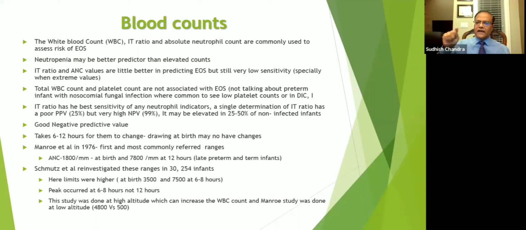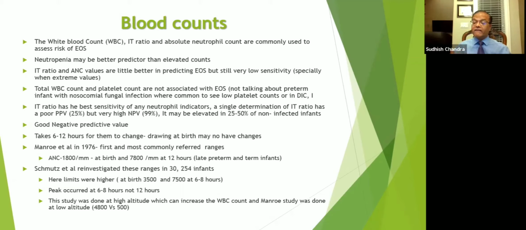So it started here, peaked at 6 to 8 hours, and then started to come down, and in 72 hours it was normal and then stayed normal. In Schmutz et al., they actually thought that the peak occurred a little bit later, more towards 12 hours. So smaller changes, but again, I do not know clinically how much significance it really has.